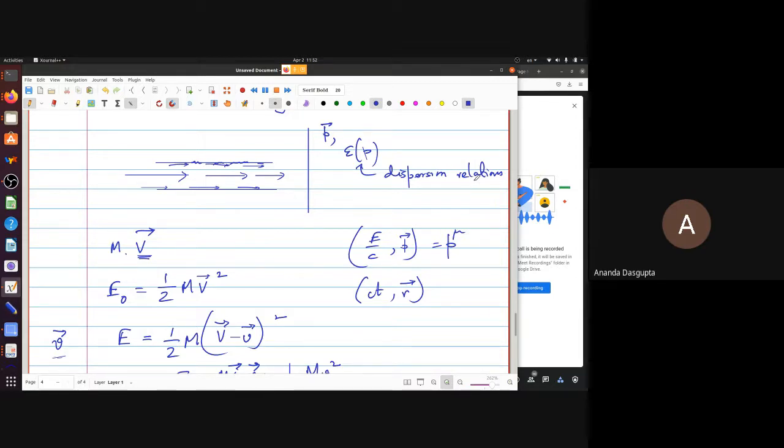Yes, sir. So depending on the details of the nature of the interaction, you will have a quasi-particle excitation spectrum. The quasi-particle will be produced with a momentum p and an energy epsilon p. Now this is in the rest frame of the fluid, where the fluid is stationary.